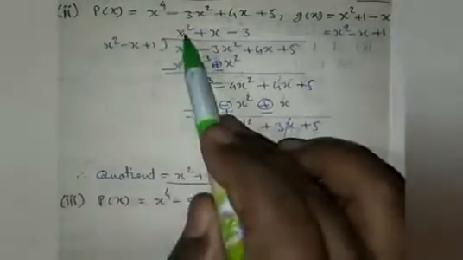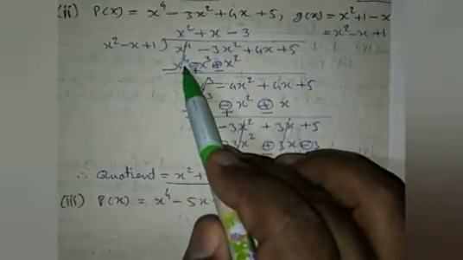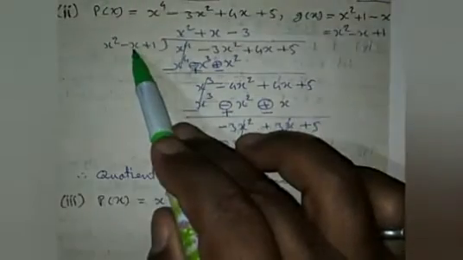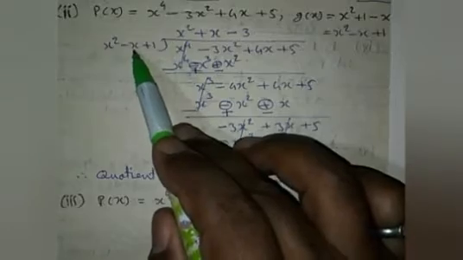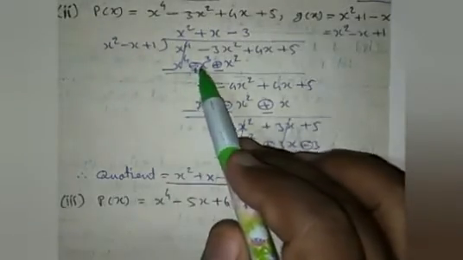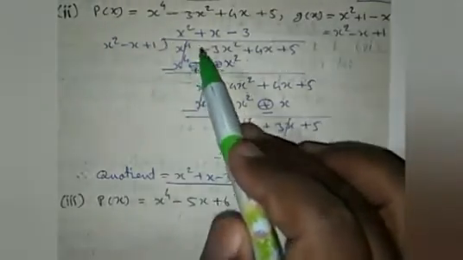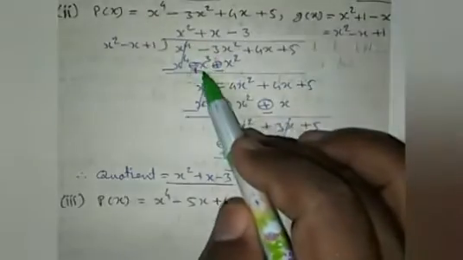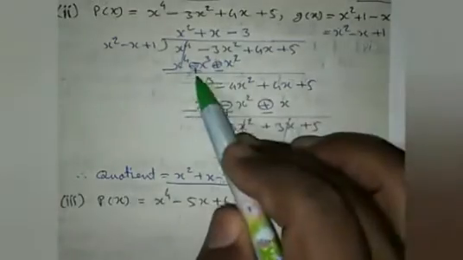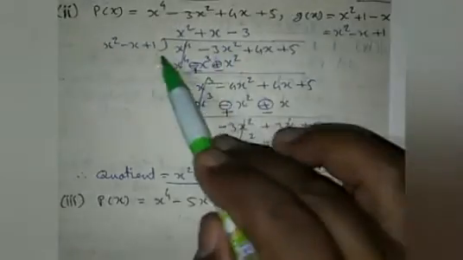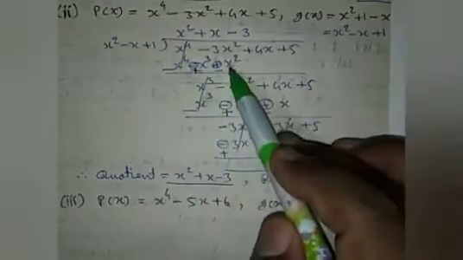So x square into x square will give x power 4, and x square into minus x will give minus x cube. There is no x cube term, so you have to write minus x cube in between these two terms. Then x square into 1 will give x square.